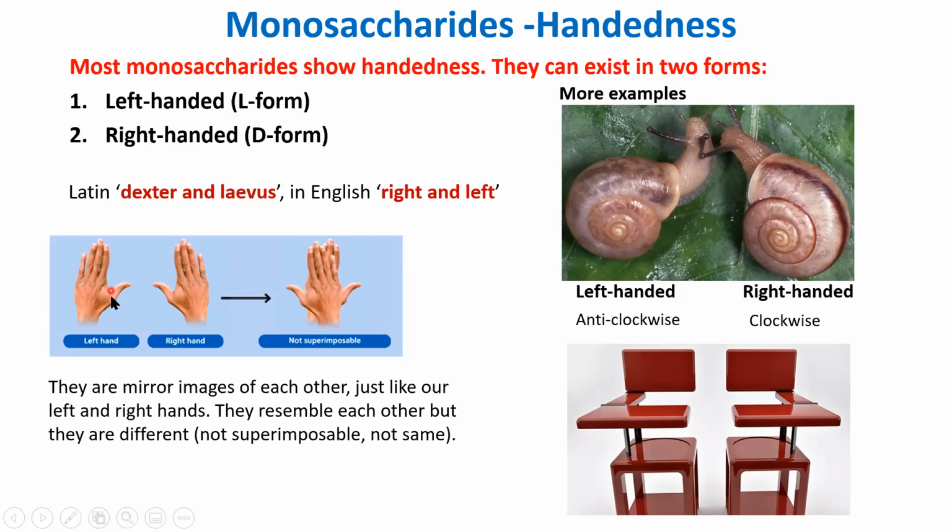If you face your palm to the palm, right hand palm to the palm, and you can try it now, it is an absolute mirror image because the palm will face the palm, the thumb will face the thumb, the first finger will face the first finger, and so on. They are perfectly a mirror image.